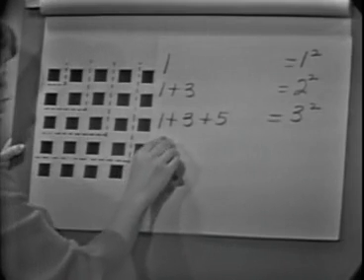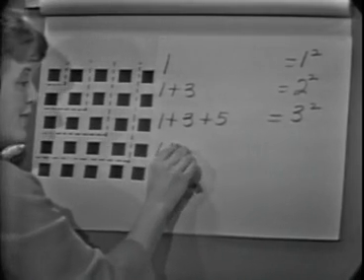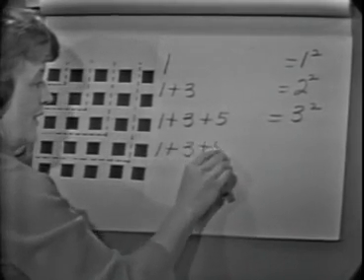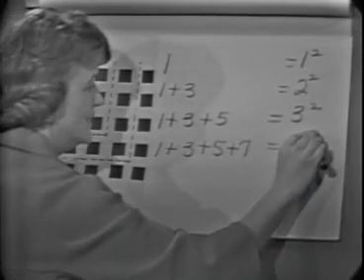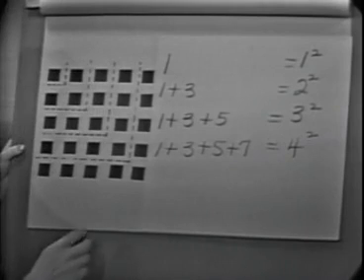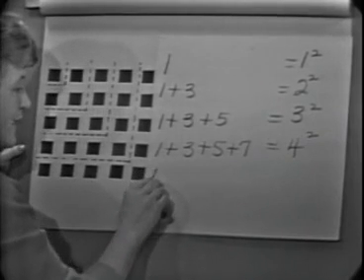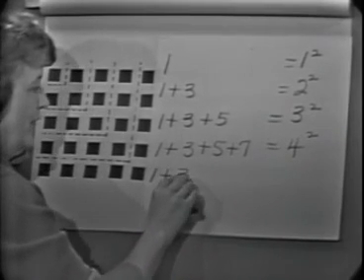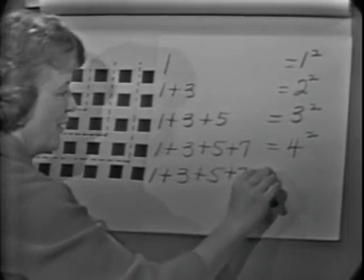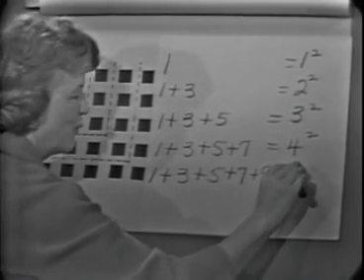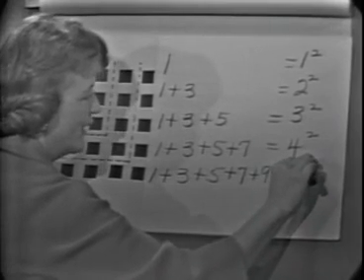Again, we added next 7, which was equal to 4 squared, or 16. And finally, we added 9, 1 plus 3 plus 5 plus 7 plus 9, which was equal to 5 squared, or 25.